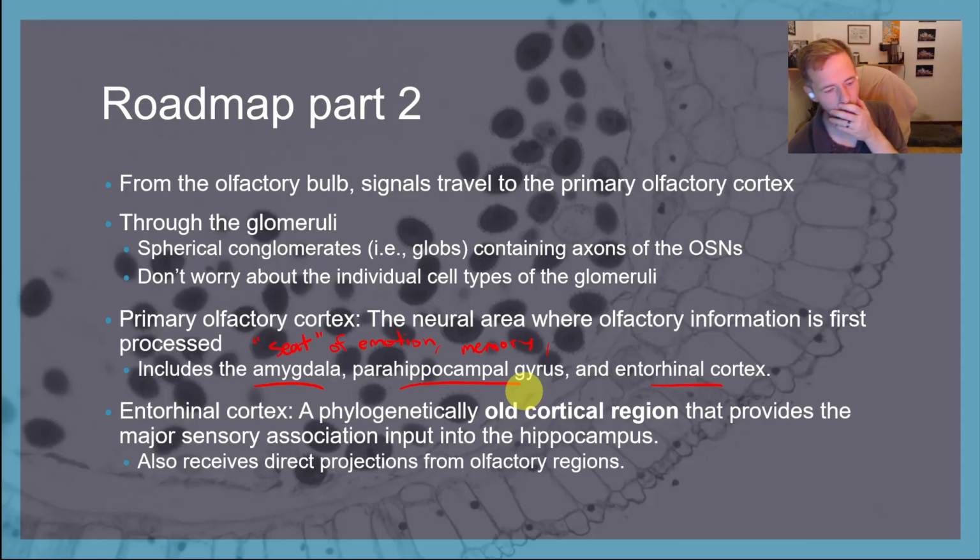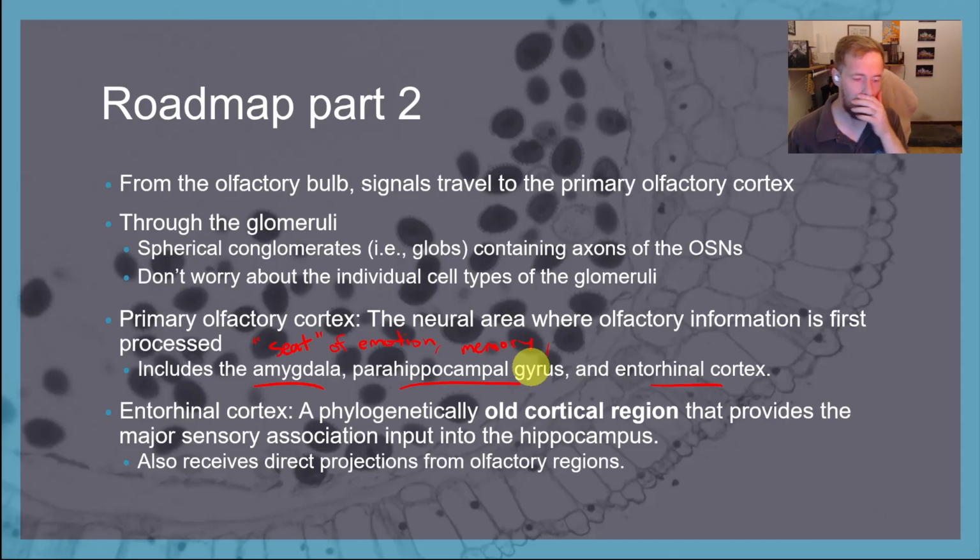And one of the things I almost always hear is something about memory, right? We know that smell and memory seem to work well together. Well, this is part of the reason why, because one of the areas responsible for interpreting those smell signals is directly related to memory.